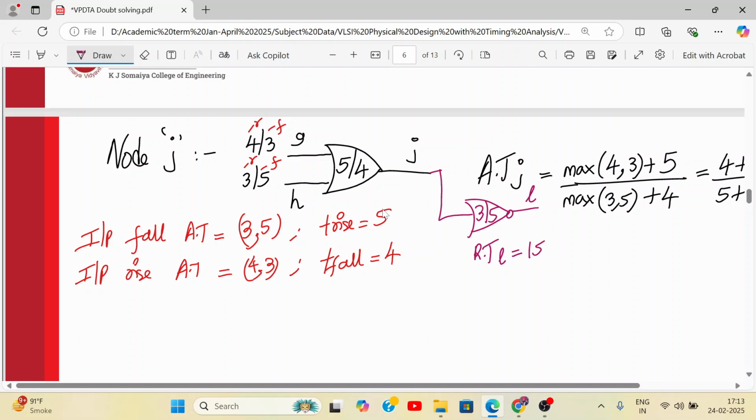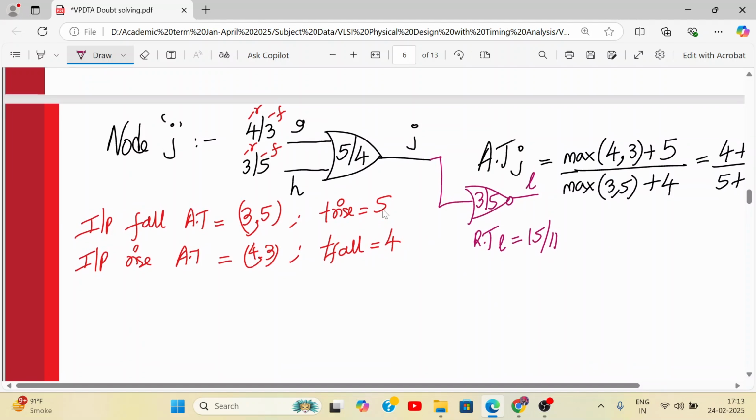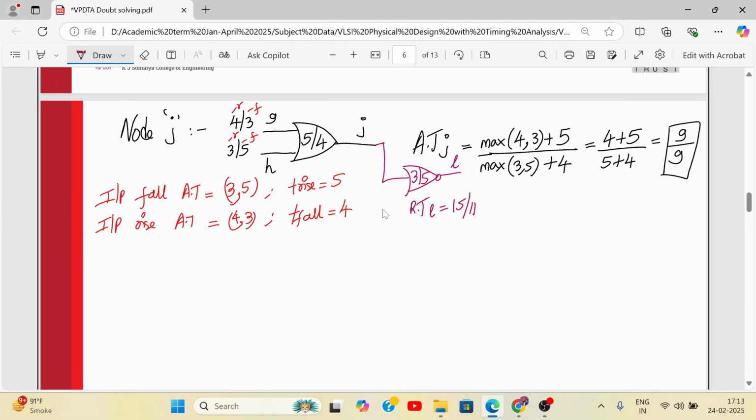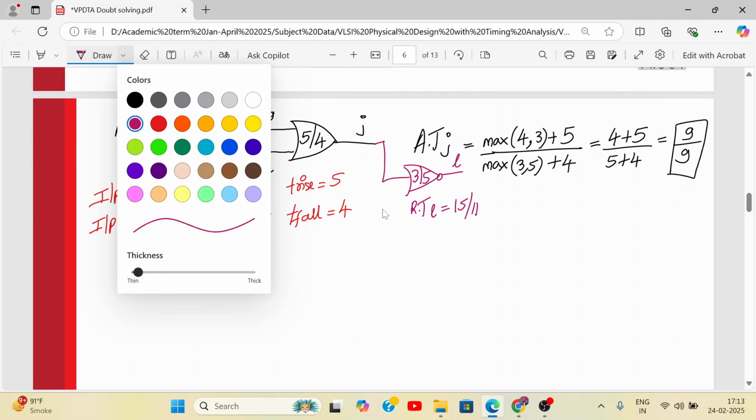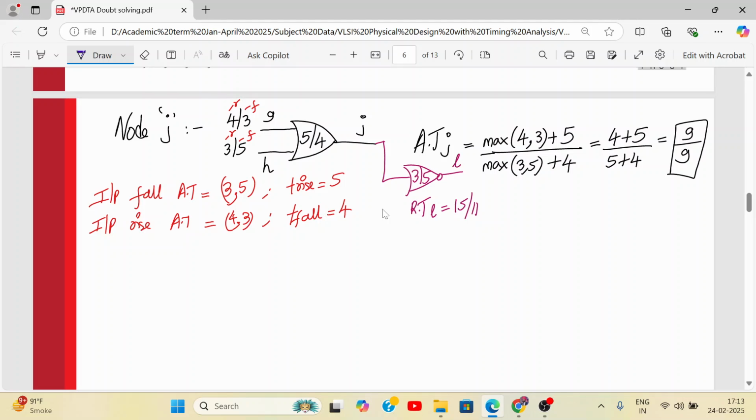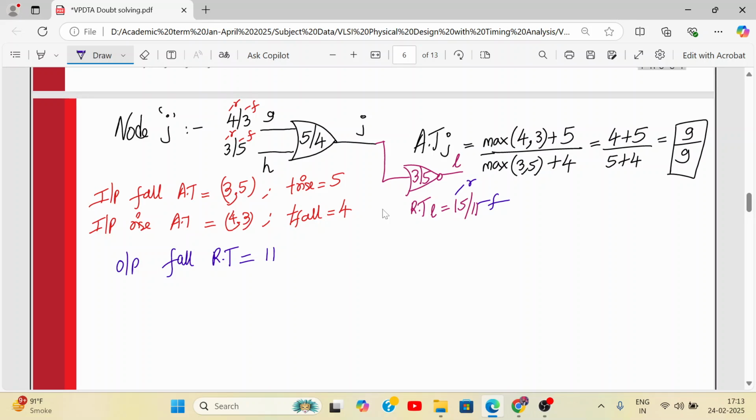It's 15 by 11. So we have to consider that, for the output rise return time and output fall return time. Output fall return time, you have to consider this. This is rise and this is fall. It is 11, and T fall delay we associated with this gate is 5. And then output rise return time will be 15 over here, and T rise over here will be 3.